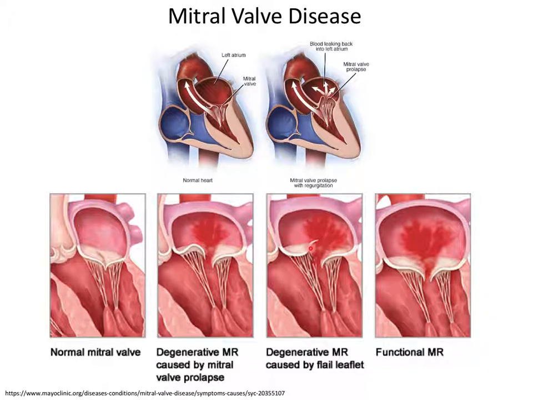You can have degenerative disease such as a loss in the chordae here, which are holding on to the valve. They may break, and then one side of the valve will flail, and you'll actually see that this goes up and blood is coming back this way. And then functional is when the entire ventricle itself expands, causing the mitral valve plane itself to expand such that you can't coapt the valves.